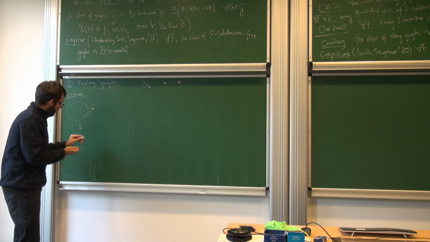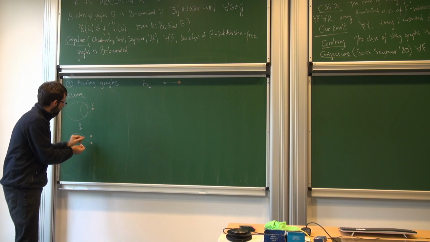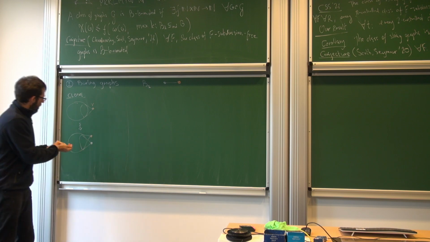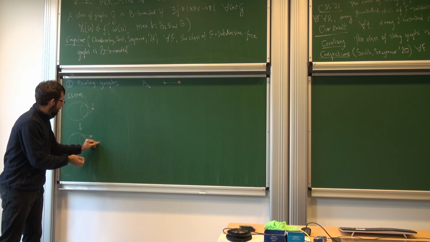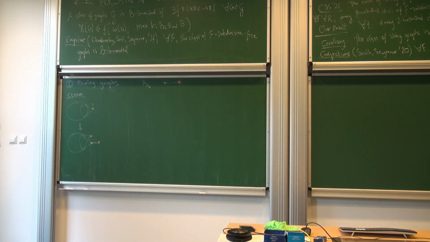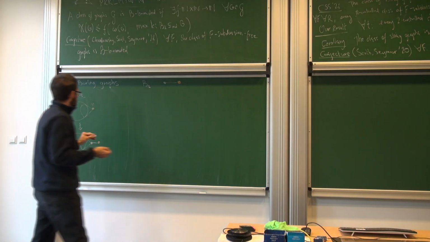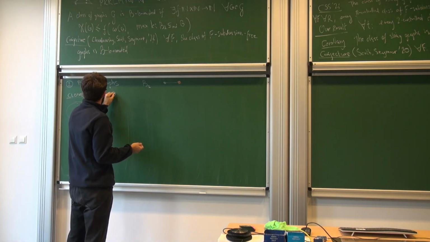I duplicate this vertex. One copy will be marked, the other will be unmarked. And then I also add a marked vertex adjacent just to this one. This is a clone of the vertex V.